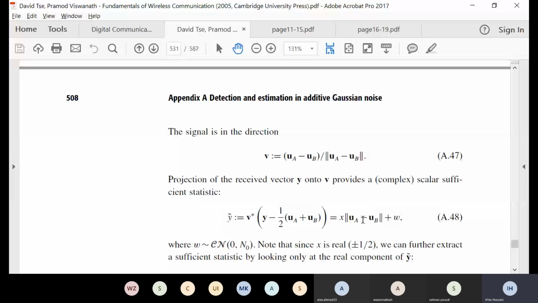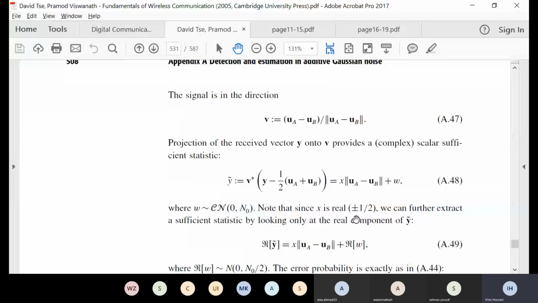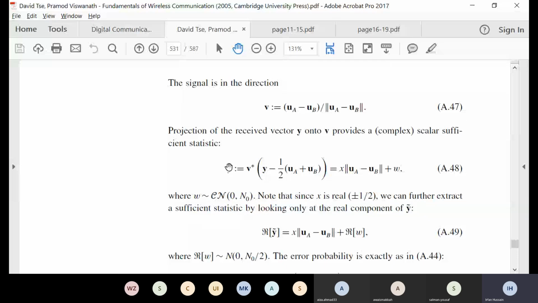We just take the sufficient statistics, the first part; all others are not important. So again I have transformed my space onto a scalar space, but the scalar space is actually real plus imaginary, because it has a real and an imaginary part.